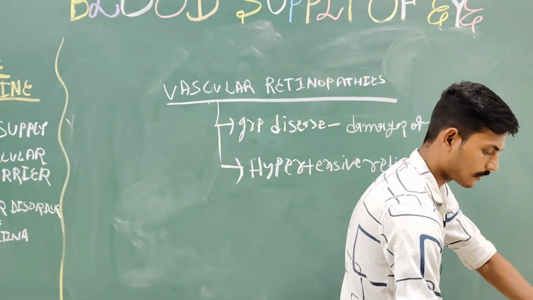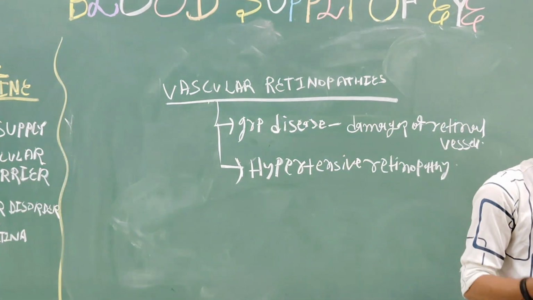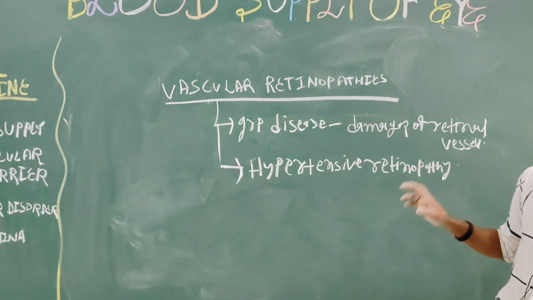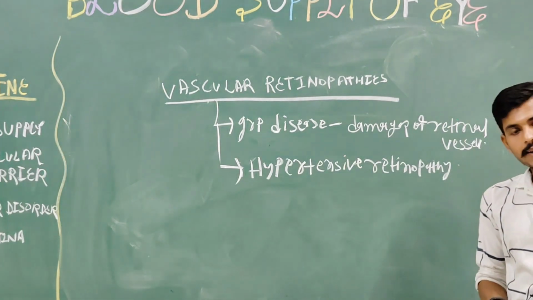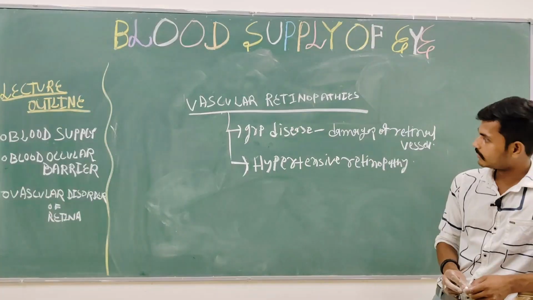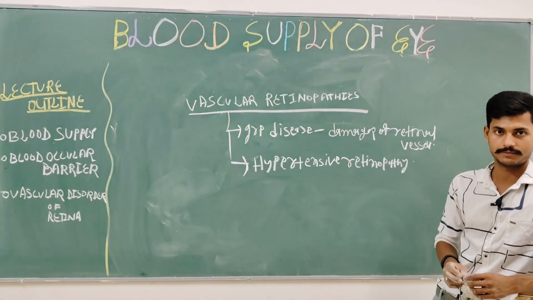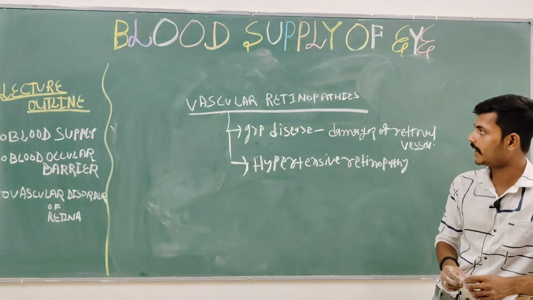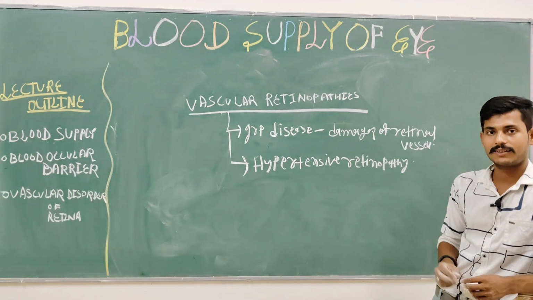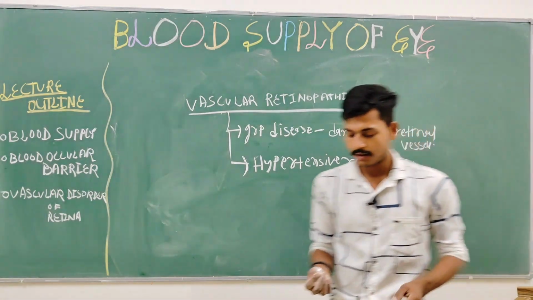See, in hypertensive retinopathy, what is happening? There is a narrowing of the arterioles, and due to this narrowing there will be less blood supply to the retina, and that is called the ischemic condition.